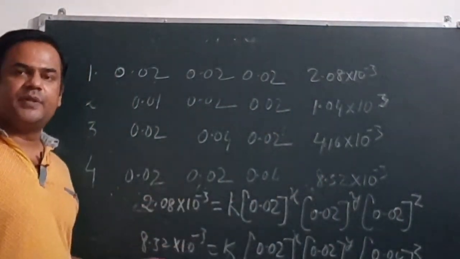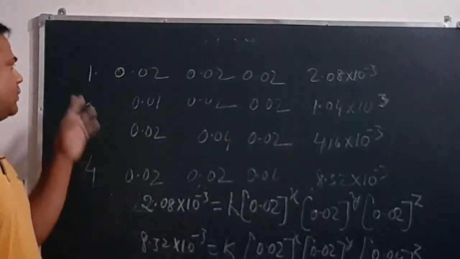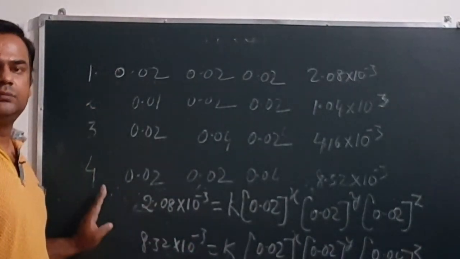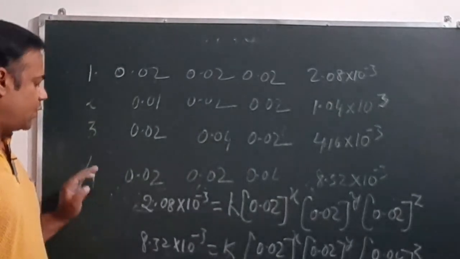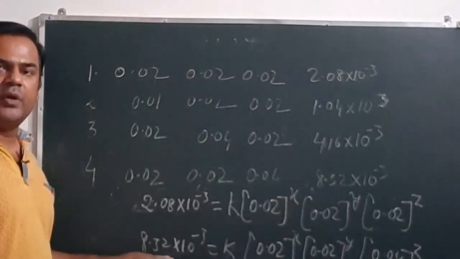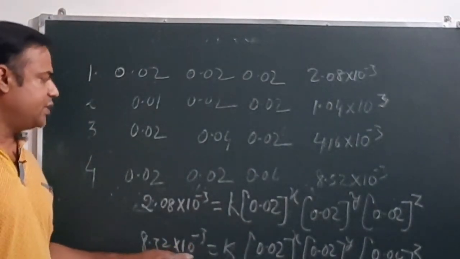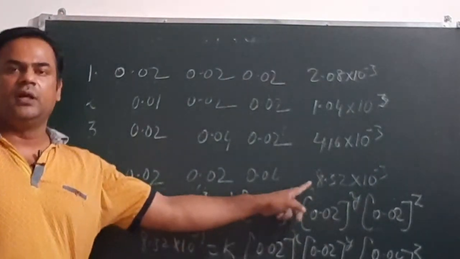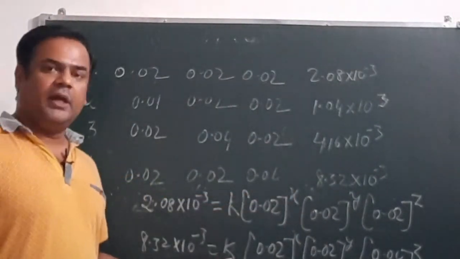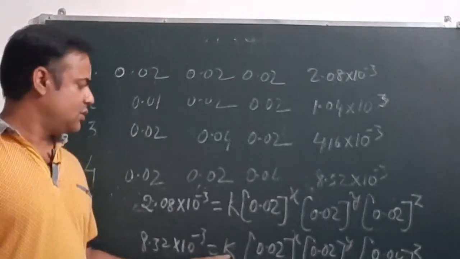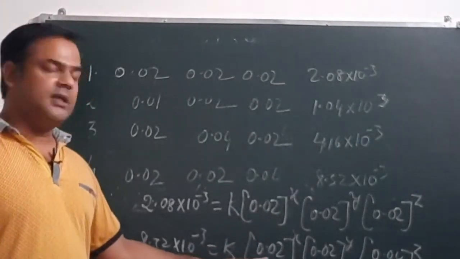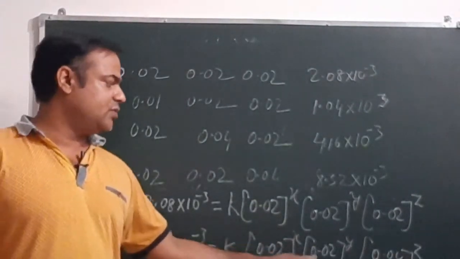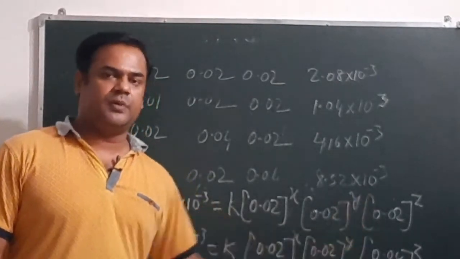This is the rate expression from experiments number 1 and 4. For 4, we write rate 8.32 into 10 to the power minus 3 equals K, the rate constant, concentration of A to the power x, B to the power y, concentration of C to the power z.